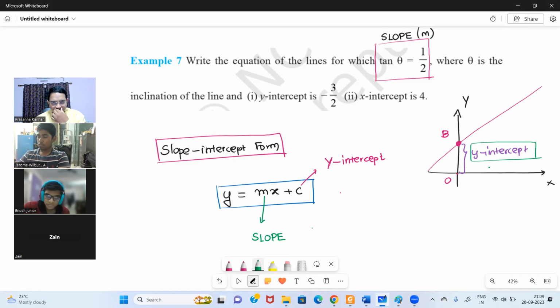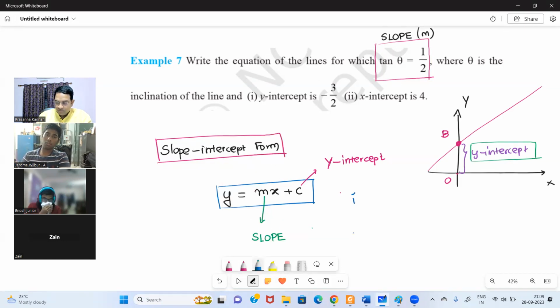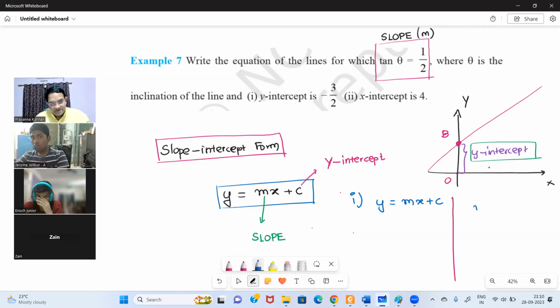All right. So now, first part of the question is straightforward. What is the equation? y is equal to mx plus c. What are the parameters which are given to you? Tan theta is given. What is tan theta, Enoch? Slope of the line. So m is given, half.